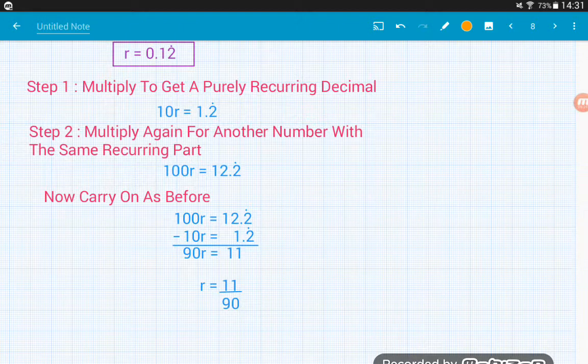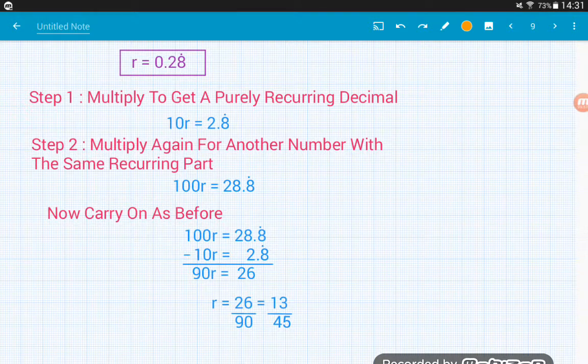And then we carry on as before. We now do the subtraction between these two equations. So we do 100r take away 10r, we get 90r is equal to 11. So we've got rid of the recurring part again, happy days. Then just divide by the 90 and we get r equals 11 over 90, 11/90.